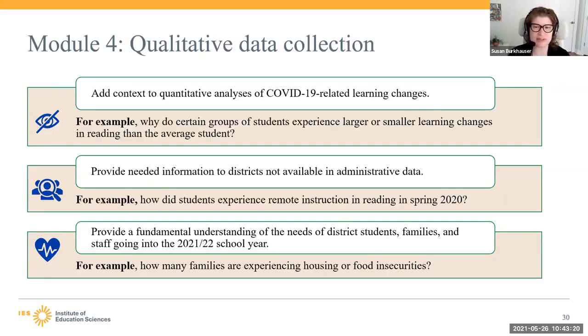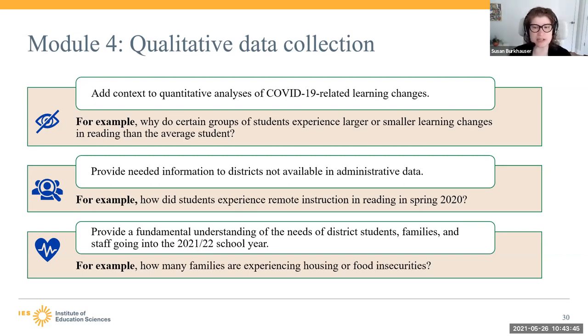Module 4 focuses on qualitative analyses, and these types of analyses can add context to quantitative analyses of COVID-19 related learning changes. So for example, a district may want to know why certain groups of students experience larger or smaller learning changes in reading than the average student. They can also help to provide needed information to districts not available in administrative data.